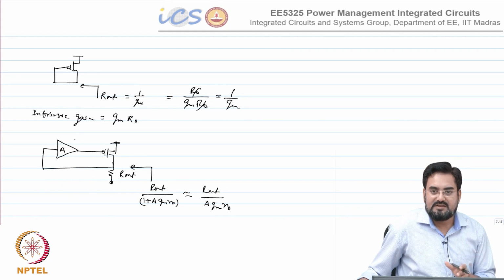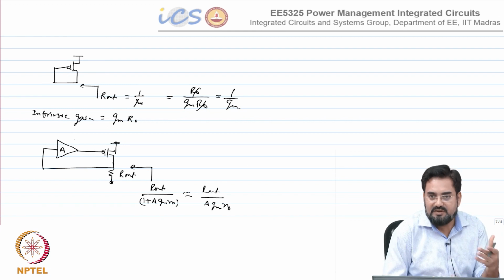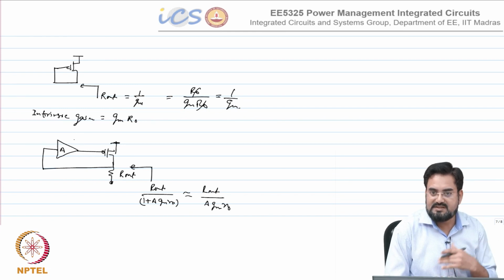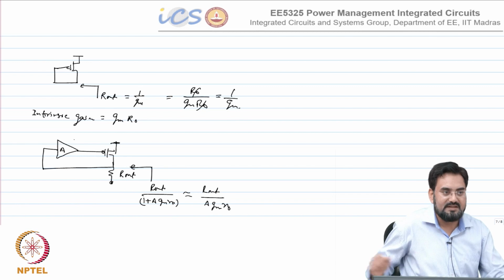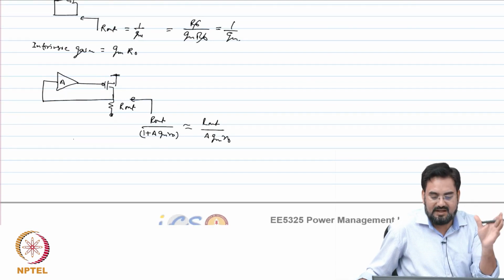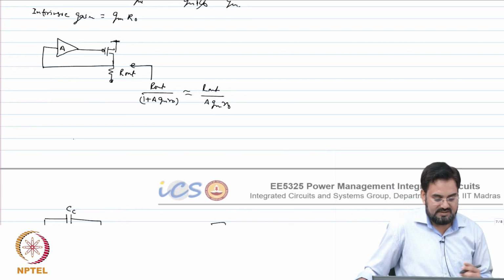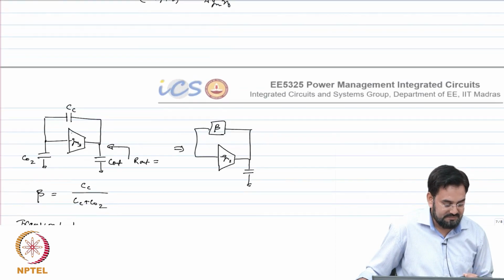So, your transconductance is amplified. In other words, R out is scaled down, but Gm is increased. So, that causes a Gm boosting actually. There are a lot of circuits we use for Gm boosting, just like impedance boosting to increase the gain.